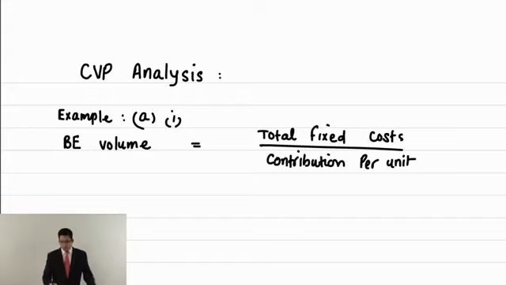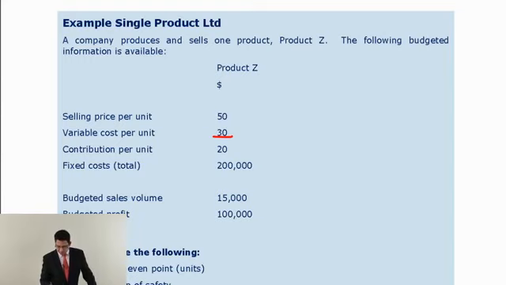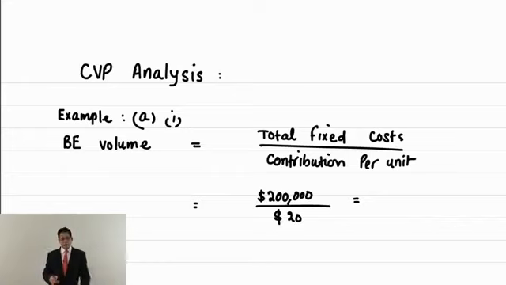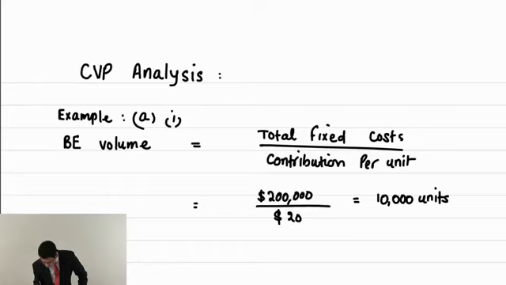Now we need to pick up the figures. You remember the fixed costs were given in total, $200,000, and the contribution per unit is also given. So $200,000 divided by contribution per unit. I think you know the answer: 10,000 units.